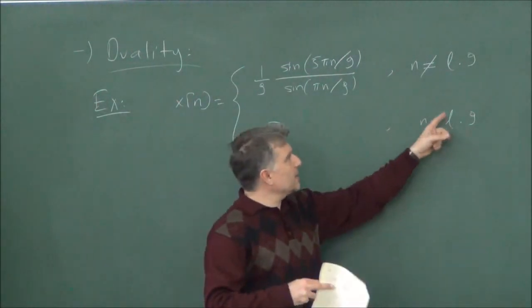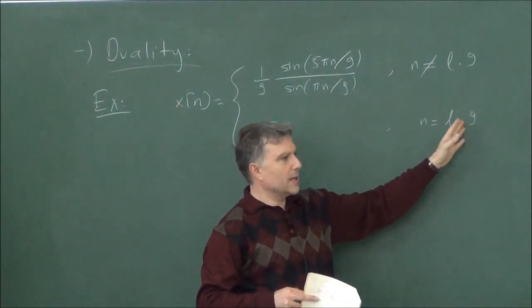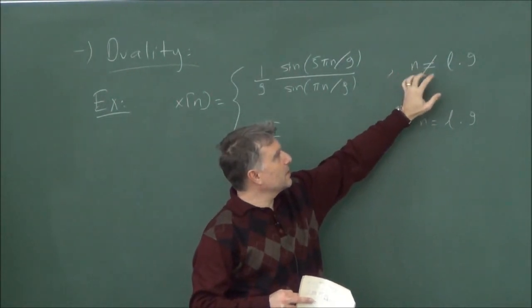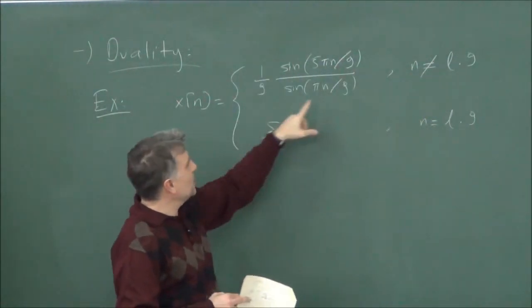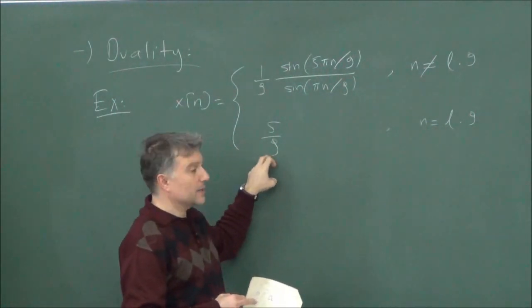This is L, any integer L times 9. When it is not equal to an integer times 9, then it is expressed like this. When it is equal to an integer times 9, it is expressed like this.